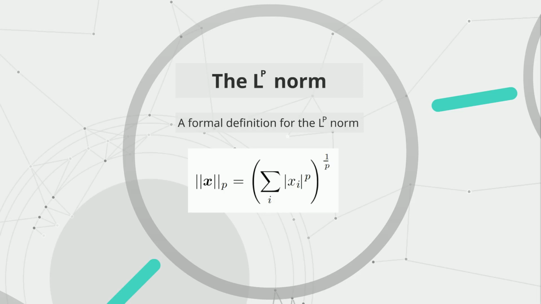What we're doing is taking a summation over all the elements in the vector or the array, and taking the absolute value, that's the single bars, of each x of i. So for each element, we take the absolute value, raise it to a certain value p, sum up all of those different results, and then raise it to the power of 1 over p. This is in general what we're going to be doing, but when we fill in different values of p, we get very different norms.